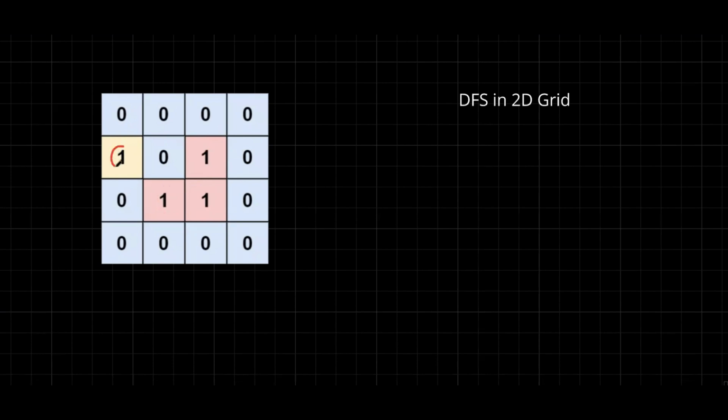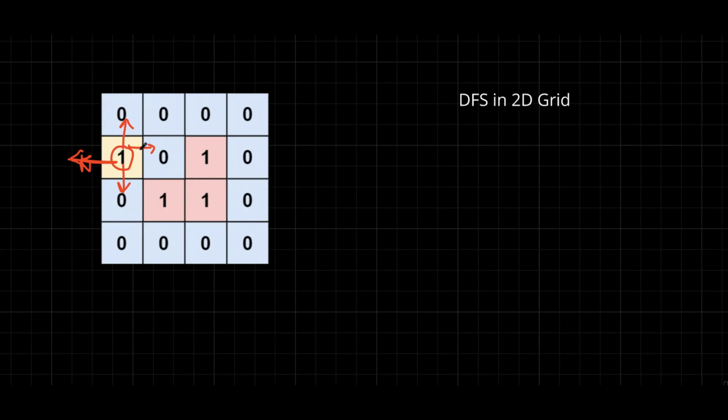So for this cell 1, we can go either up, right, down or left. And here, up, right and down cells are 0, so we cannot move there. But if we go left by 1 move, we can simply go out of the bound.